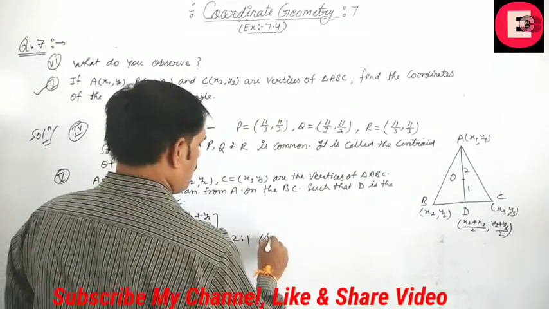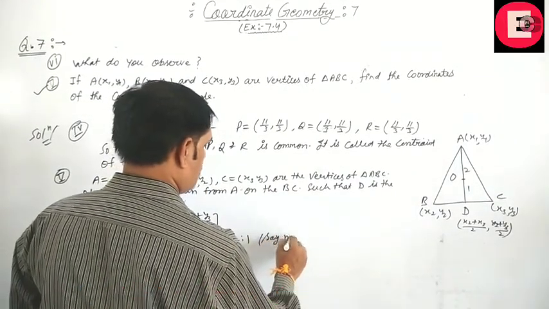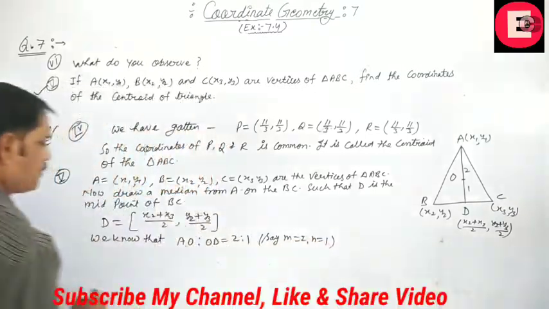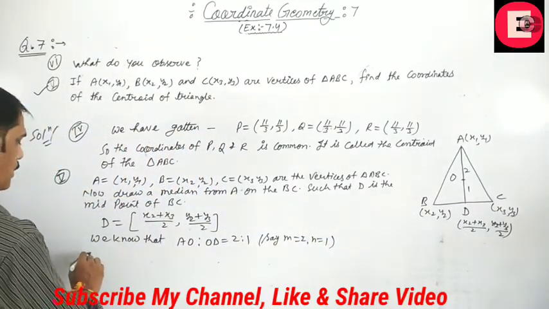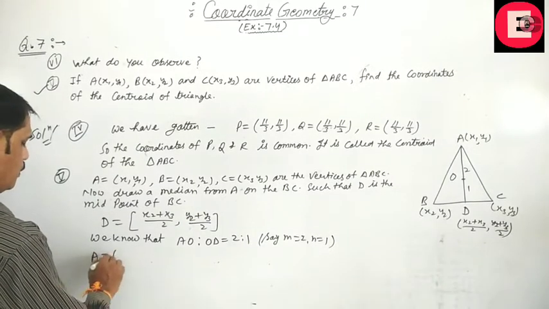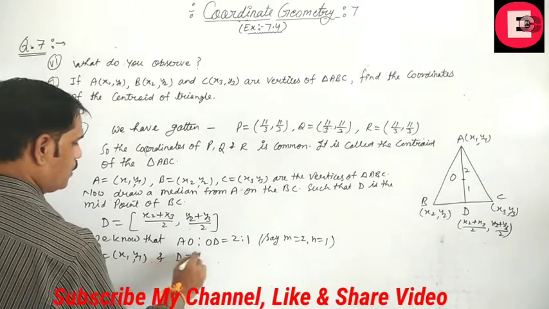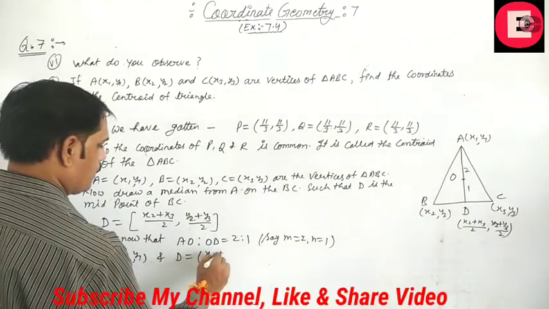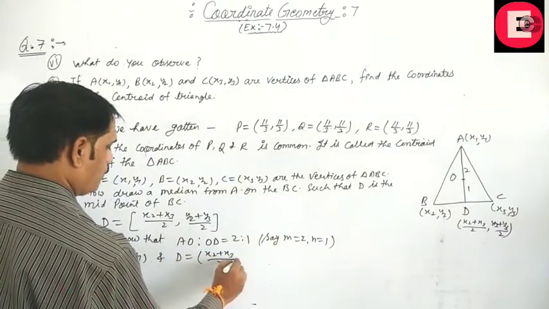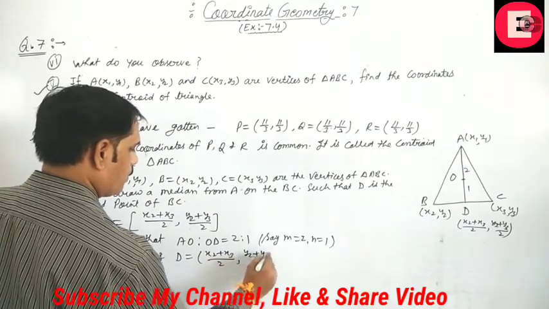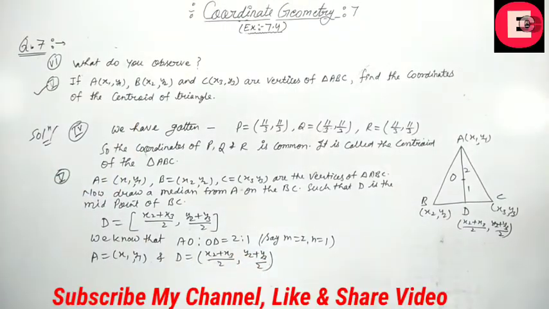So say m is equal to 2, n is equal to 1. Then A is x1, y1 and D is x2 plus x3 upon 2 and y2 plus y3 upon 2.